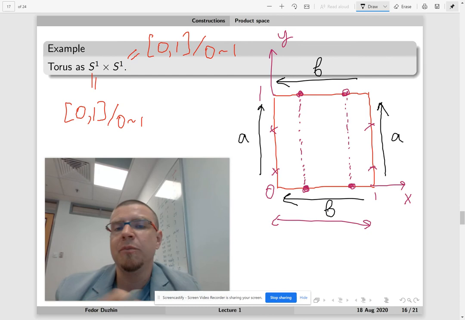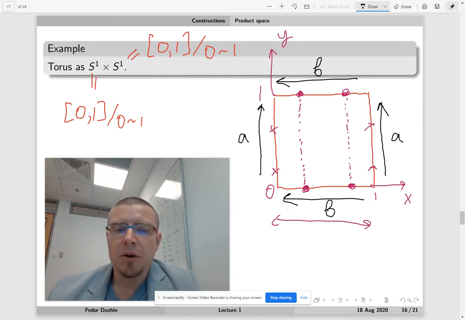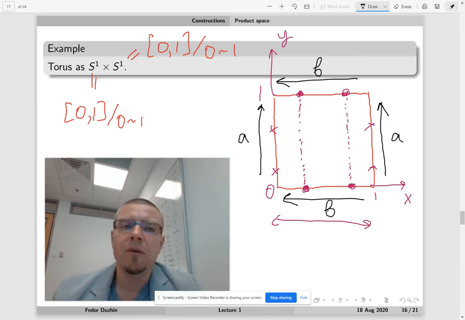The reason is that when we draw it on the plane and analyze the gluing instructions, we get exactly the same instructions as the standard instructions for a torus. Which is why the torus is actually the product topology of two circles.